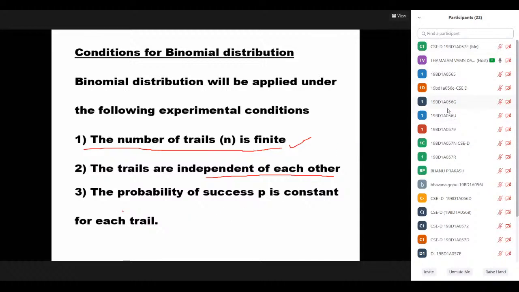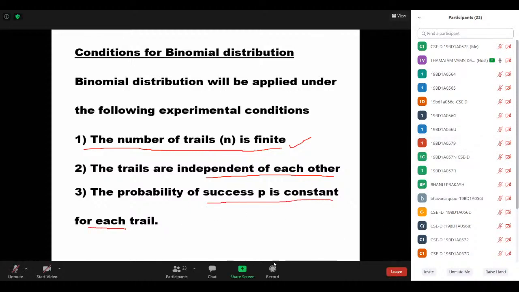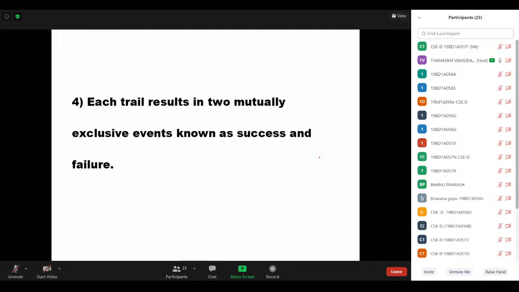And the third one is the probability of success p is a constant for each trial. And see the fourth one: each trial results in two mutually exclusive events known as success and failure.